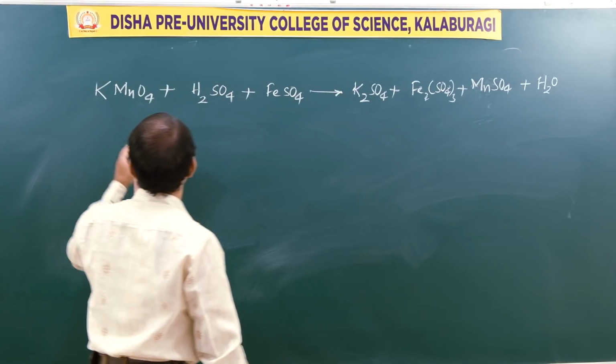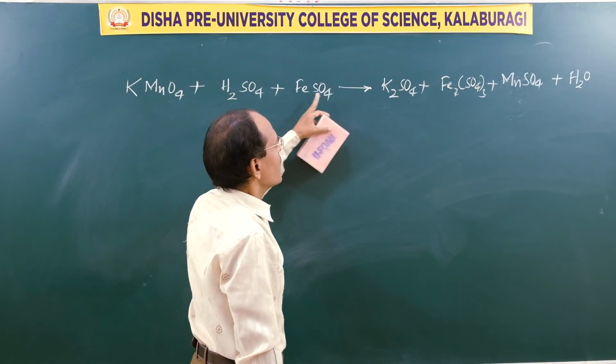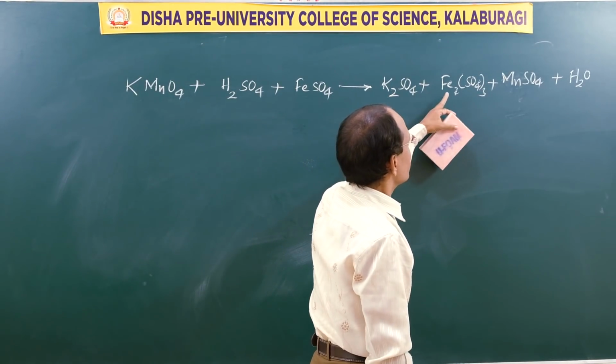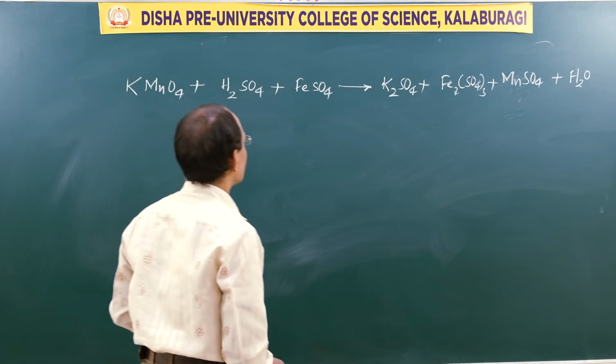Okay, I repeat. KMnO4 plus H2SO4 plus FeSO4 give rise to K2SO4 plus Fe2(SO4)3, MnSO4 plus H2O.